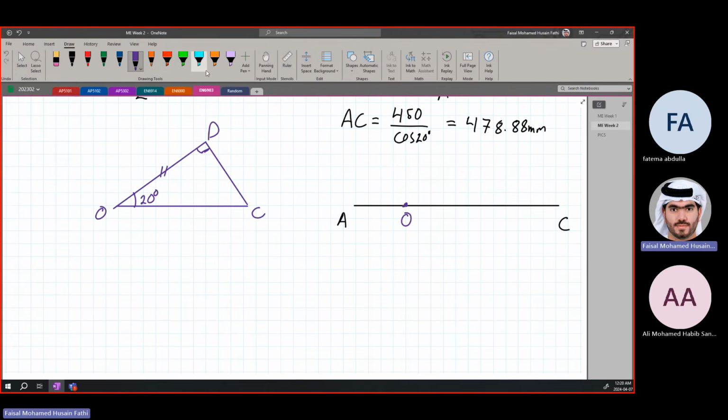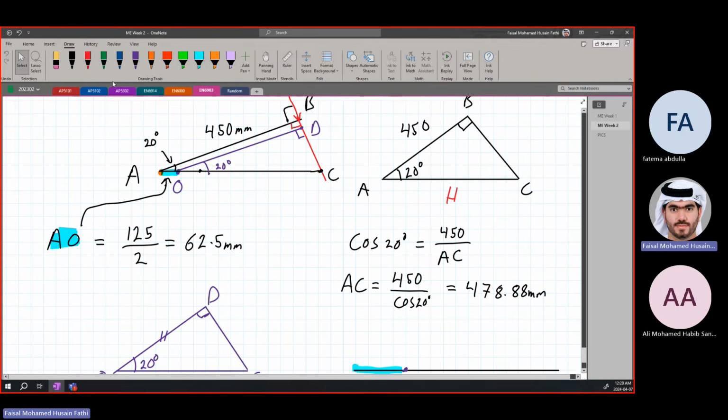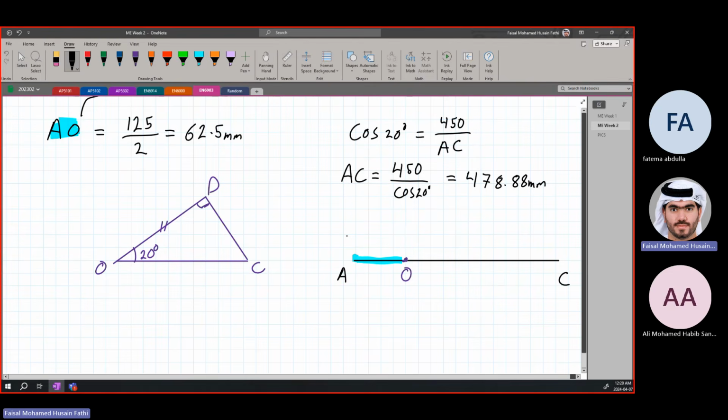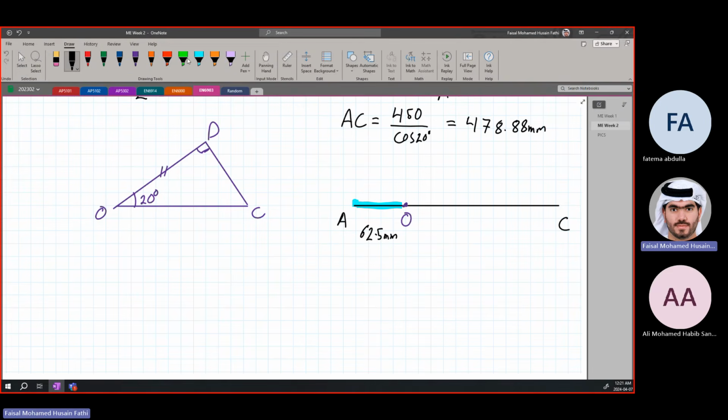We know AO, we found it before. AO is equal to 62.5 millimeter. And we know all of AC, the whole AC, we found it above. AC is 478.88 millimeter.